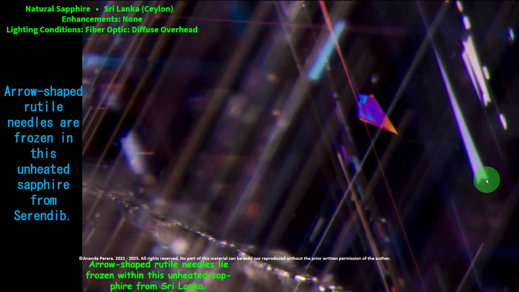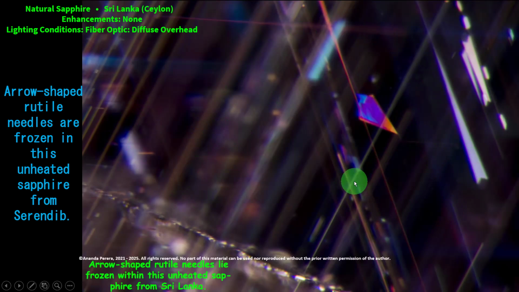Arrow-shaped rutile needles, see the arrow shape, are frozen in this unheated sapphire from Sri Lanka. No damage can be seen there. So it tells us it is an untreated, natural sapphire. All are natural birthmarks. Arrow-shaped rutile needles tell us that.